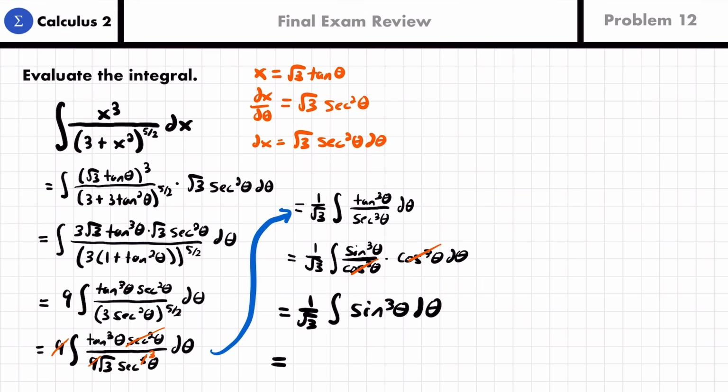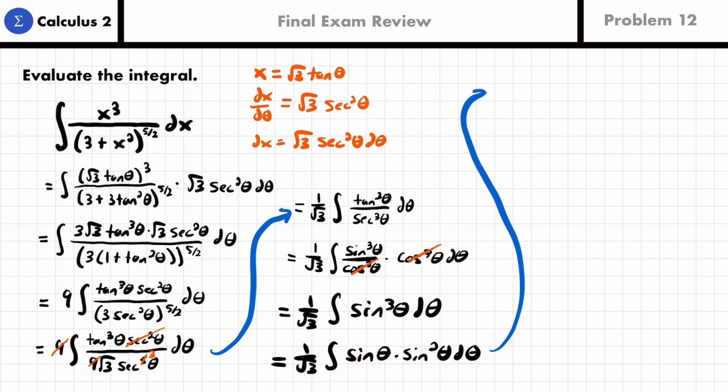Okay, so I'll split it up like this. We'll have 1 divided by the square root of 3 times the integral of sine theta times sine squared theta. Okay, we are allowed to do that. Sine times sine squared is sine cubed, but by writing it like this, we can then replace sine squared theta with a trigonometric identity that will then allow us to solve this integral using u substitution.